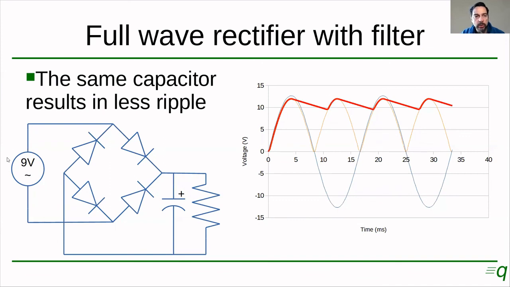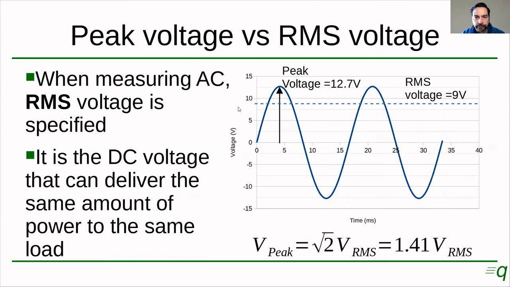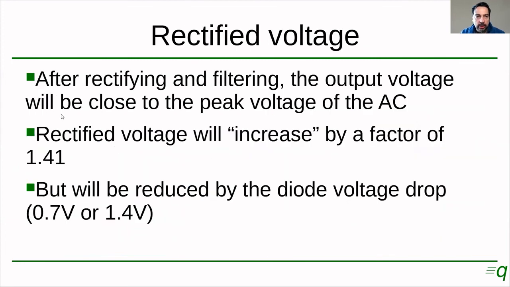So you started with a 9 volt AC source and you ended up with a 12 volt DC voltage. Okay, and that is because the rectified voltage is going to be closer to the peak voltage, and therefore it will increase by a factor of 1.41 compared to your AC RMS voltage.